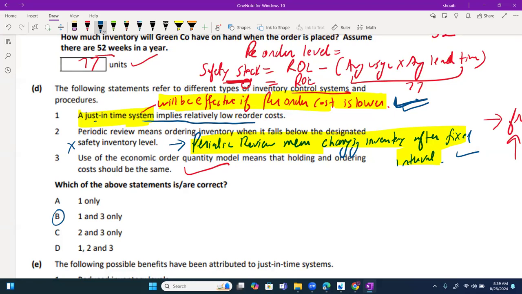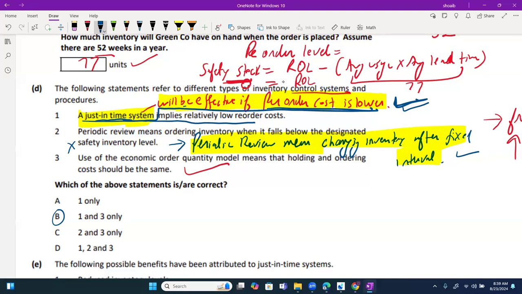But what is the meaning of the first statement? I explained it to you. In just in time, ordering cost will always be greater, holding cost would be lower. But try to understand the wording. A just in time will be effective if per order cost is lower. So why are we talking about per order? Because the number of orders will obviously be higher.